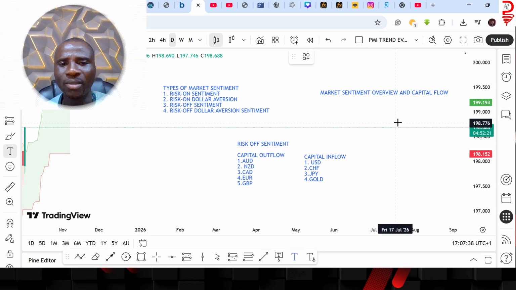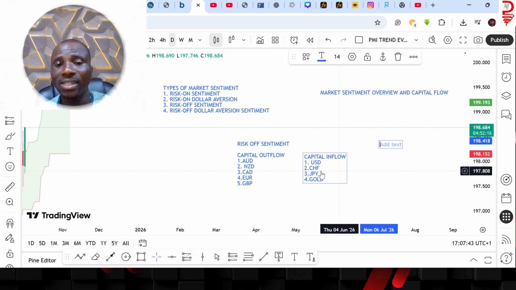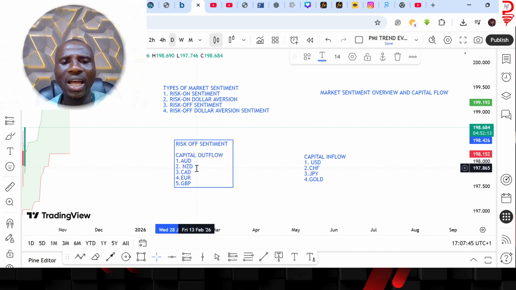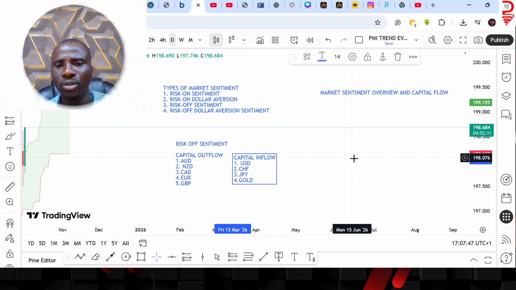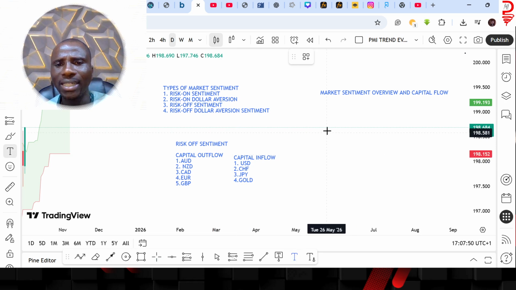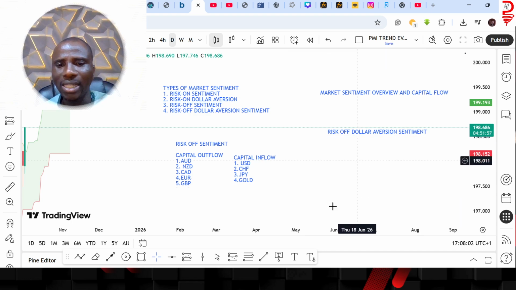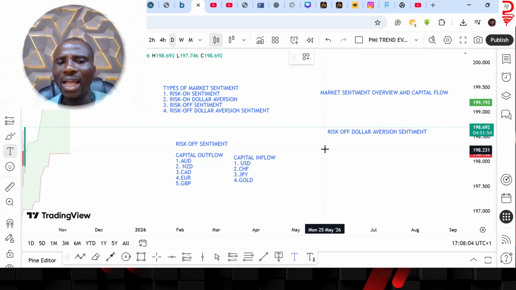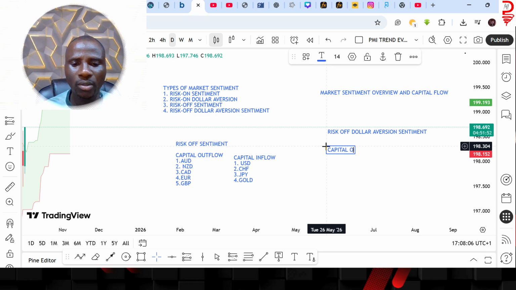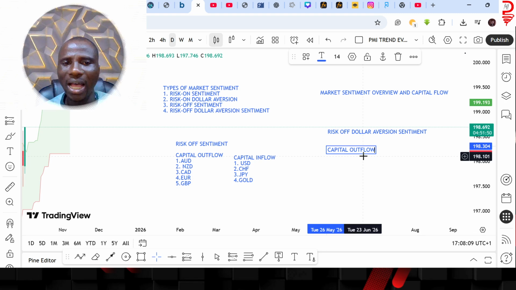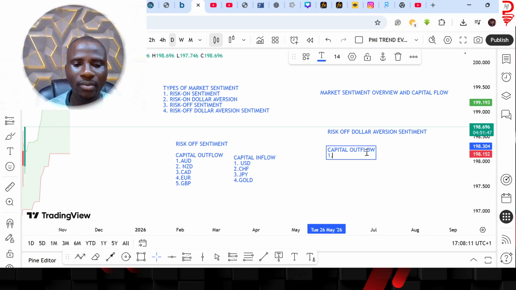Which currency or which asset do you expect to be flowing out of, and which currency to be flowing into? So during a risk off dollar aversion market sentiment, you will notice that you will have capital outflow from the dollar.